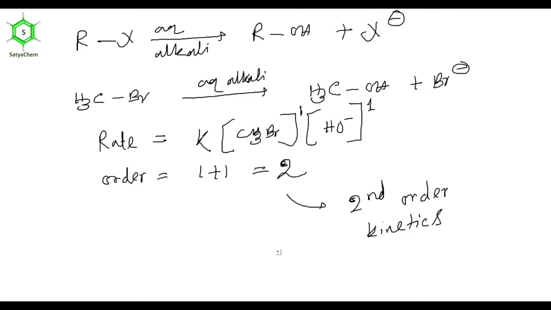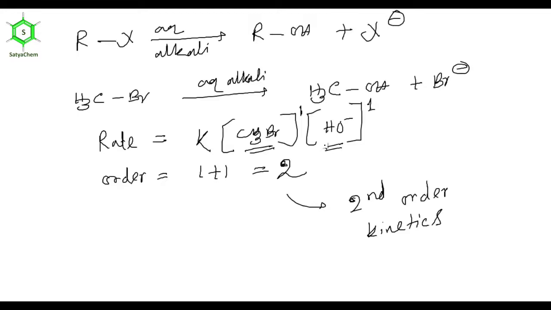To explain this, it has been suggested that both the molecules, CH3Br, that is methyl bromide, and HO minus alkali, are involved in the rate determining step. Which is the rate determining step? The slowest step is the rate determining step. But here the reaction is a single step reaction, and that is why I am giving you this example first, because it is the easiest one.